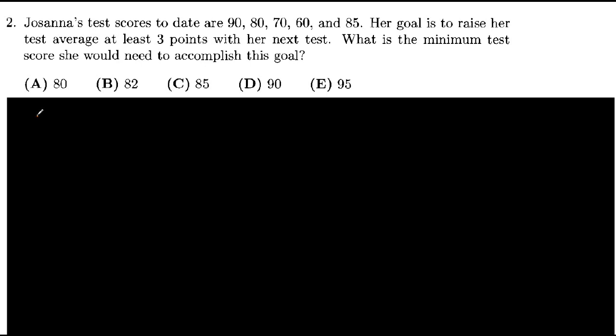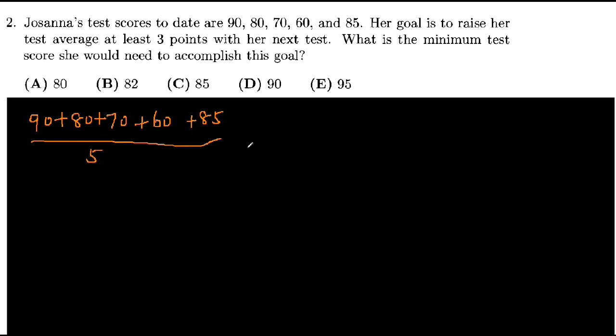So we have 90 plus 80 plus 60, 70 plus 60 plus 85 divided by, that's 5 tests, right? So that gives us, let's calculate that.